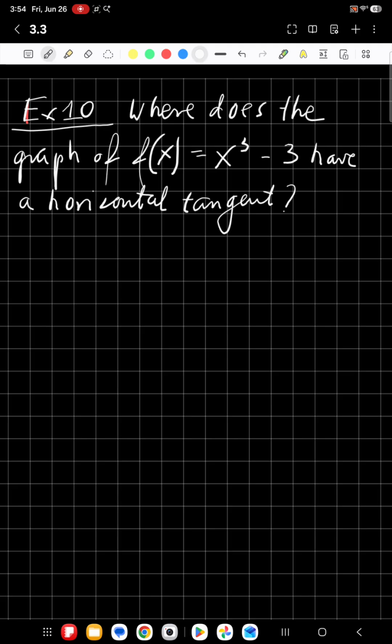Let's look at the graph. I think something's not right. It's supposed to be x cubed minus 3x. So x cubed minus 3x.